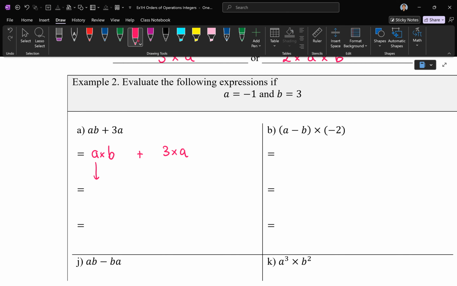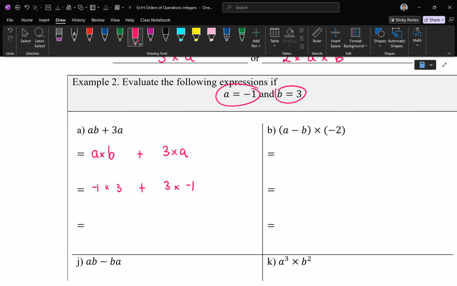So this A is a negative 1 multiplied to B, which is a 3, so B is a 3. I like to write them in brackets just to make it clear what you have, but you don't have to. You can just write it as negative 1 times 3 if you prefer, plus 3 times now A again, so A is negative 1.